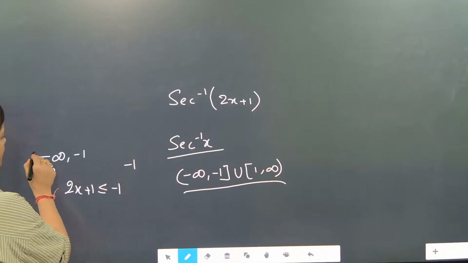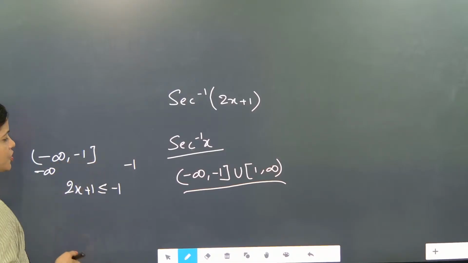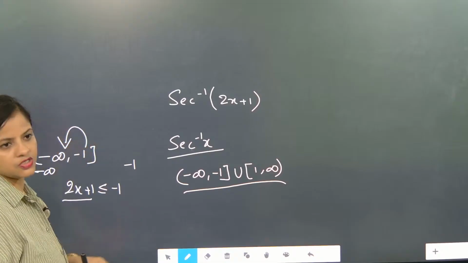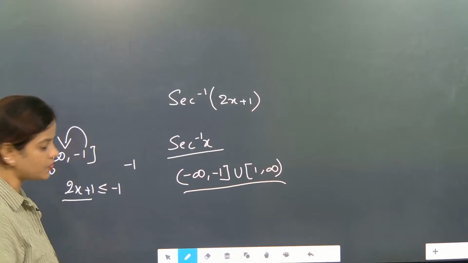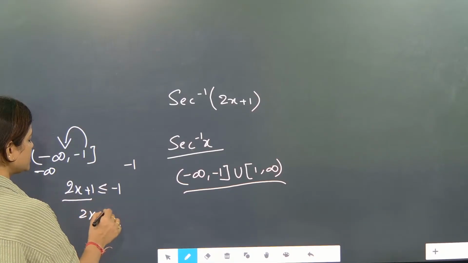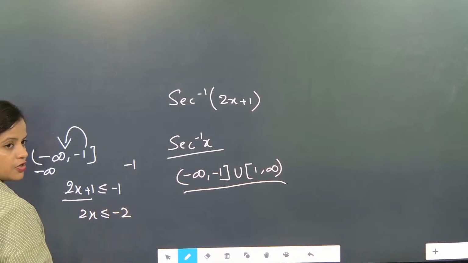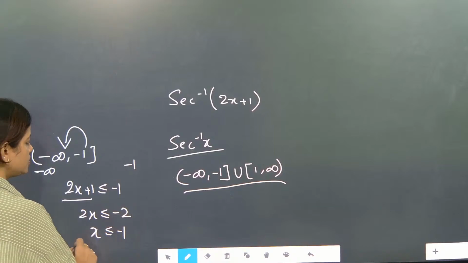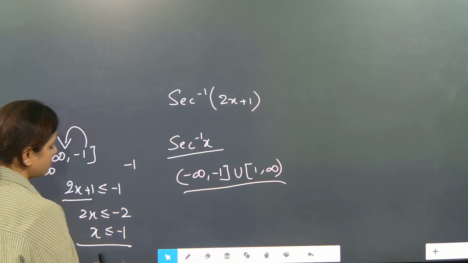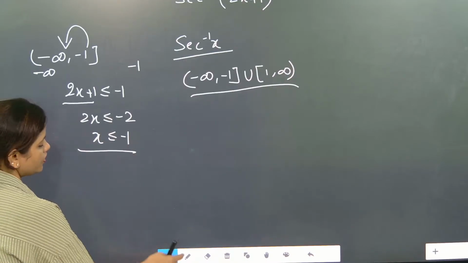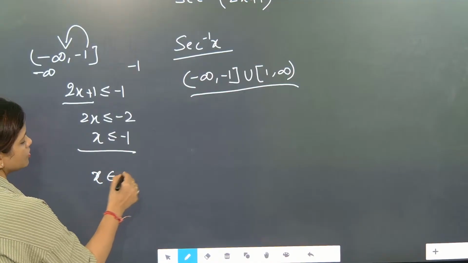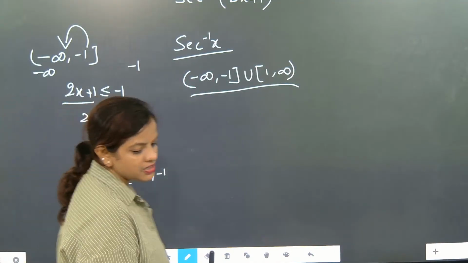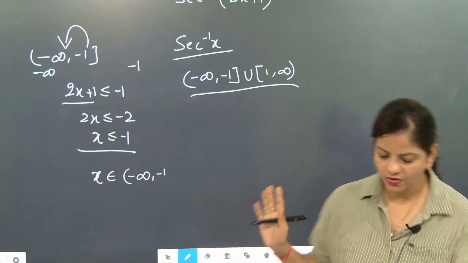Understood? So 2x should be less than or equal to minus 2. So that means x should be less than or equal to minus 1. So x belongs to minus infinity to minus 1. Understood? So that one part is done.